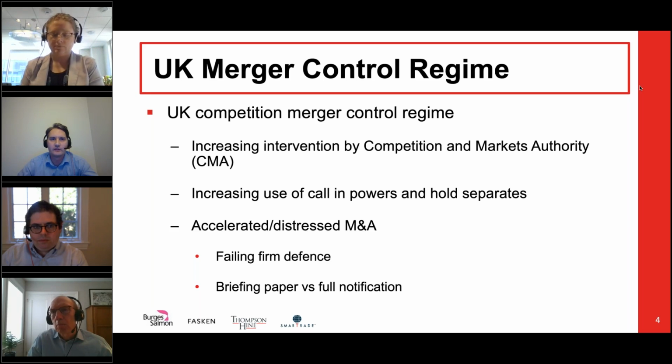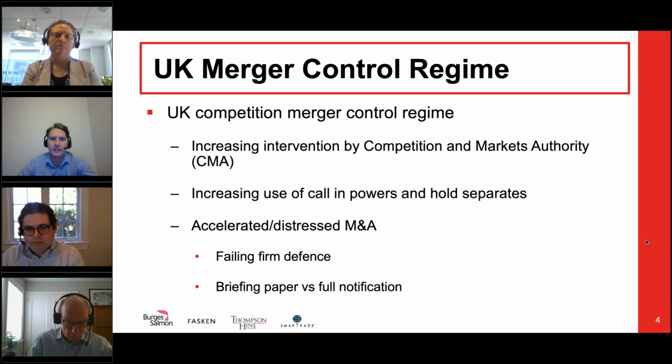What we've been seeing is a lot more use of the informal briefing paper process to try to get around lengthy CMA timetables. So it usually takes around 3 or 4 months at least to obtain CMA clearance, whereas under the briefing paper process, parties can submit just a very short informal briefing paper to the CMA explaining why there are no substantive issues and why a full notification is not being made.